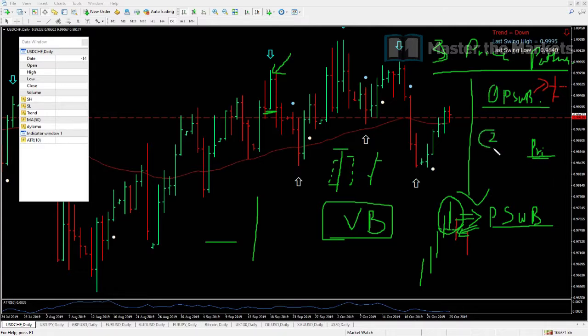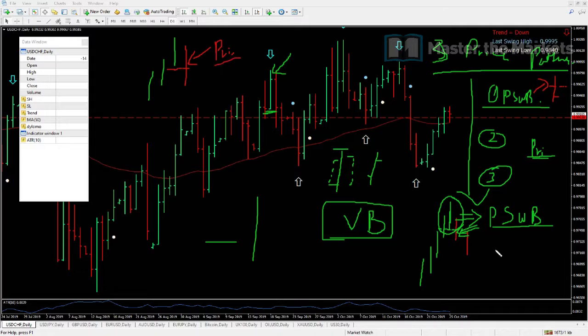So PSWB, primary. Then, let me just make sure that you guys got it right. You got the highest bar over here, and then the next bar takes out the low of the previous bar, and that's what we call the primary, right? Okay, so we got the primary now.